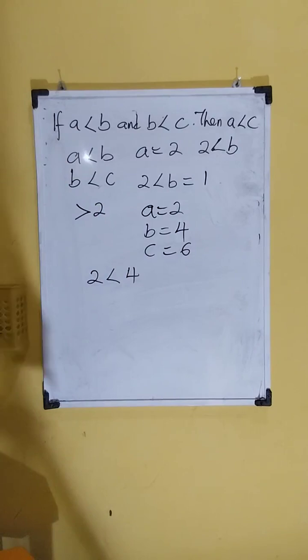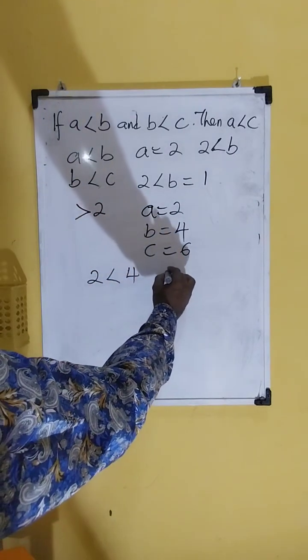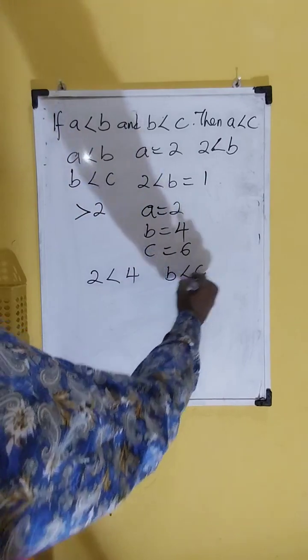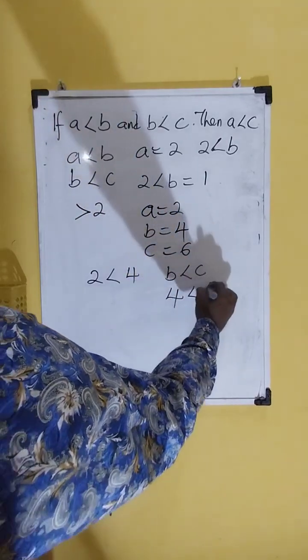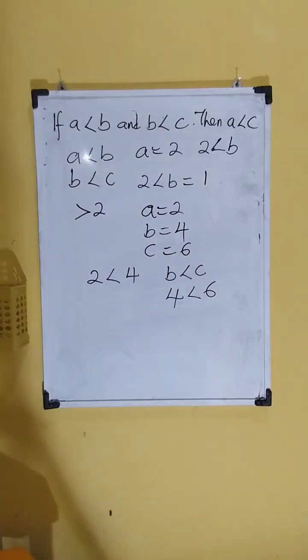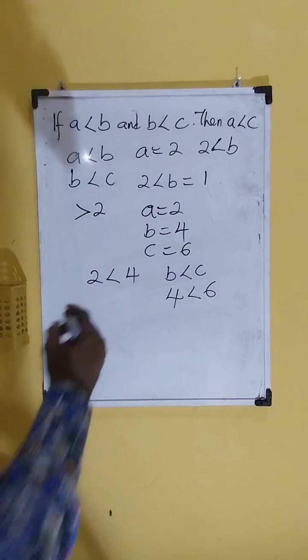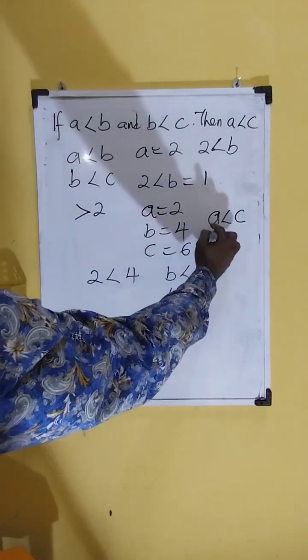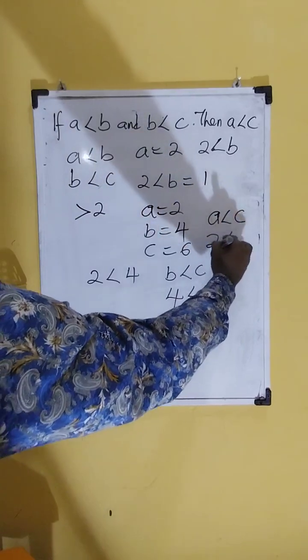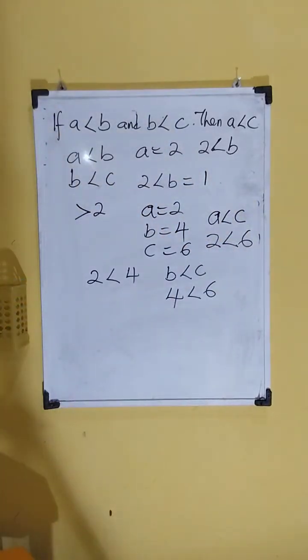And B is less than C, which is 4 is less than 6. Then 2 is equally less than C. So this is how the question is and how I understand it. Please, if there's any contradiction.